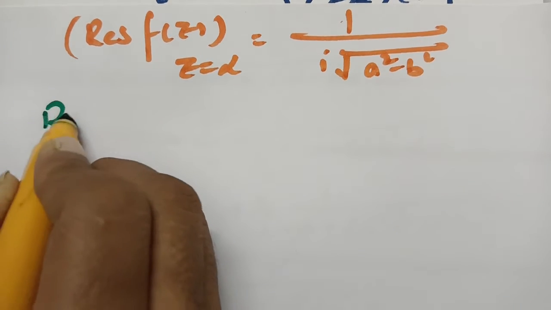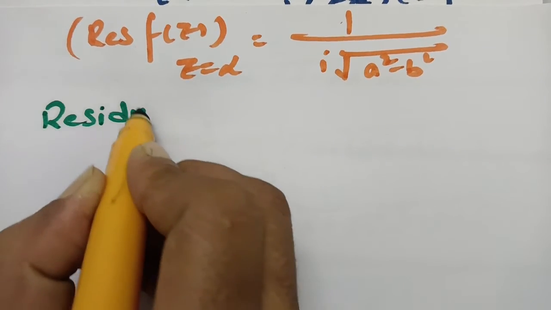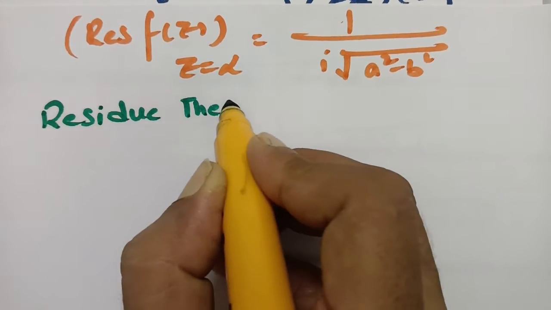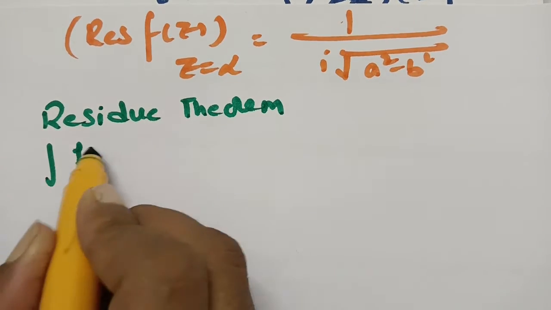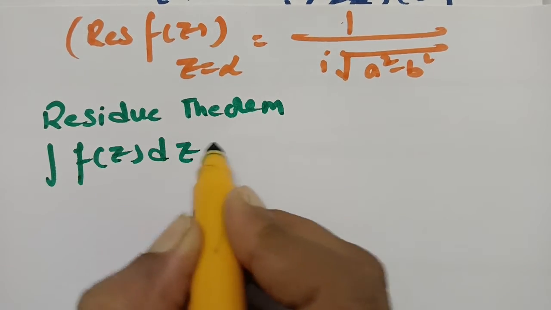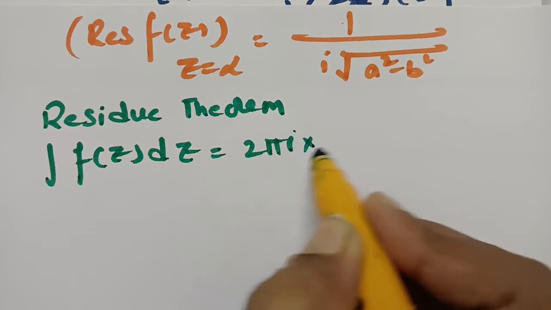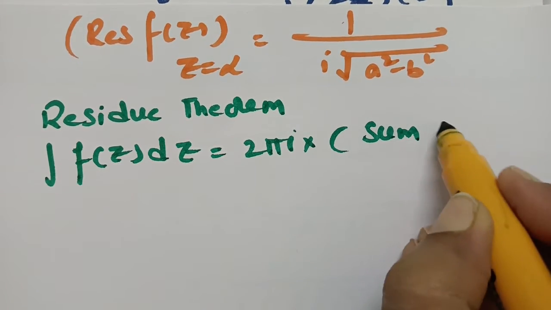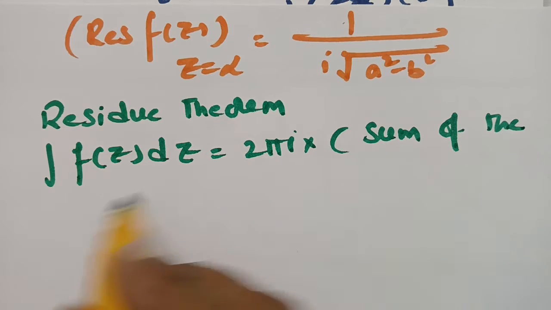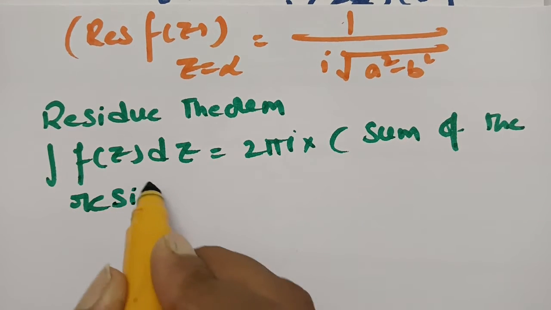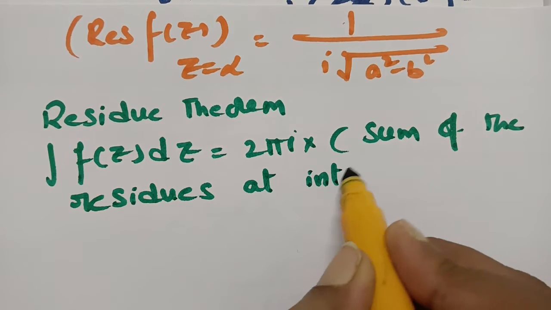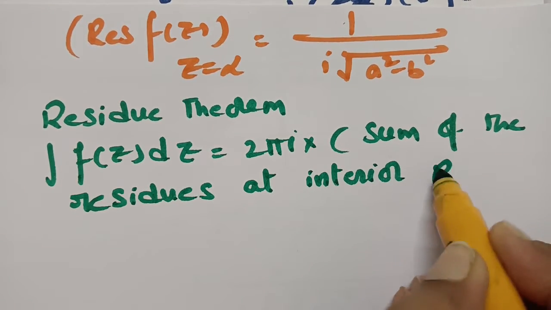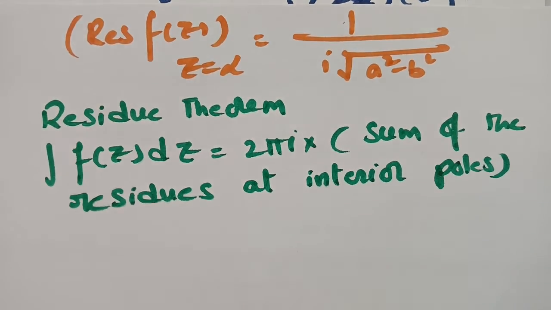According to the residue theorem, we have integral f of z dz value is equal to 2 pi i into the sum of the residues at interior poles. Here the interior pole is z is equal to alpha.